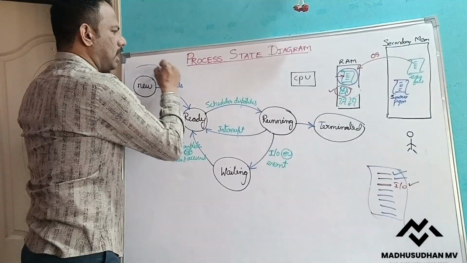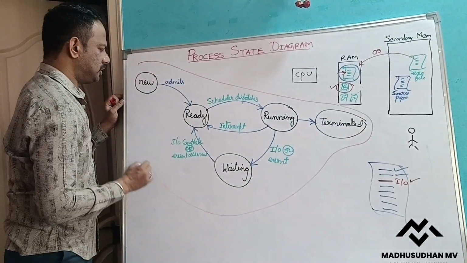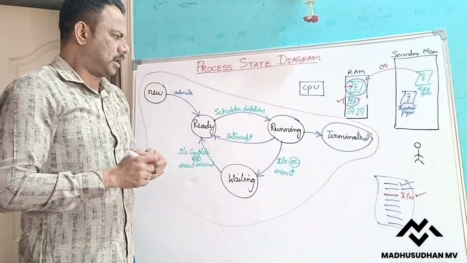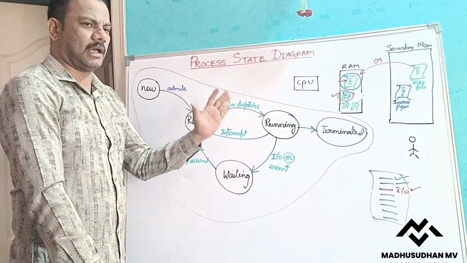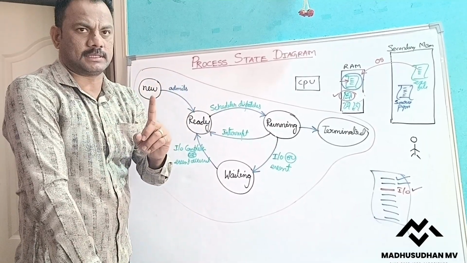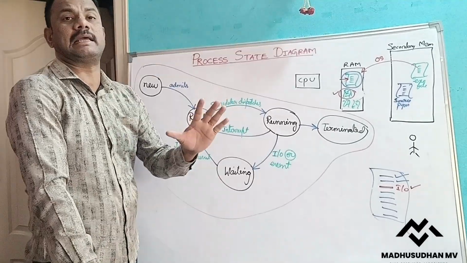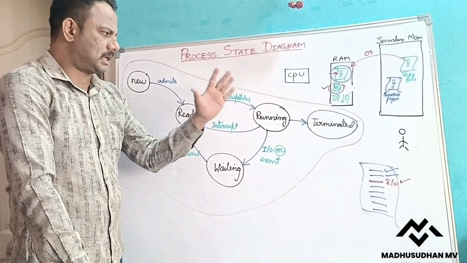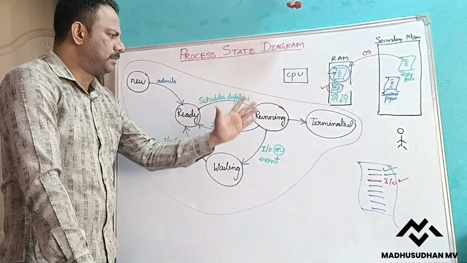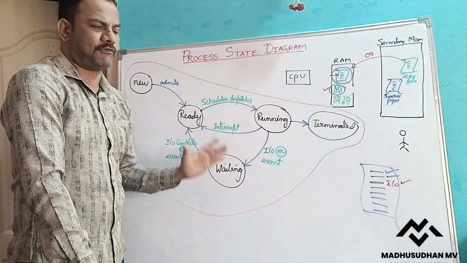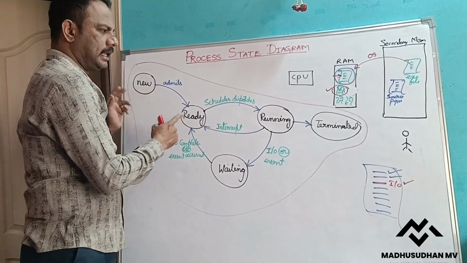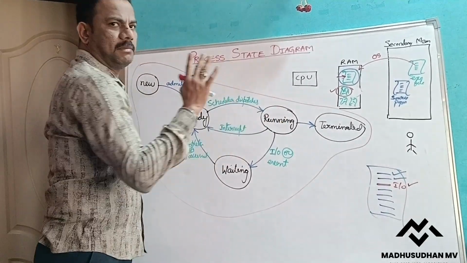Now this is your process state transition diagram. If you observe this diagram, every process should be in any one of these states during its entire life cycle. During the lifespan of any process, it should be in any one of these five states: new, ready, running, waiting, terminated.